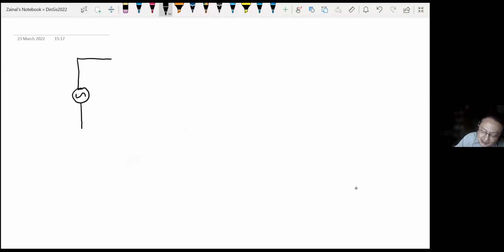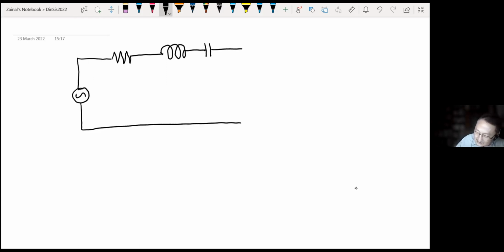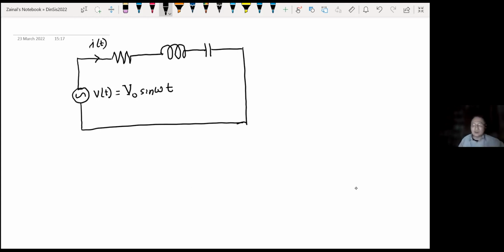So if you have something like this, and something like this, and something like this, if this one is current, I(t), and this one is V(t) equal to V0 sin(omega t).